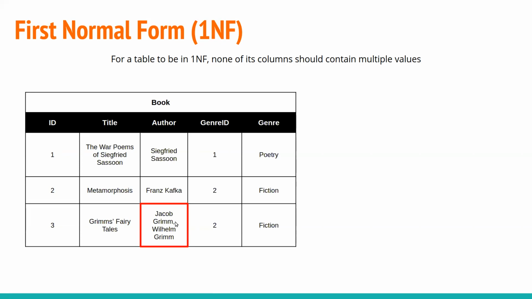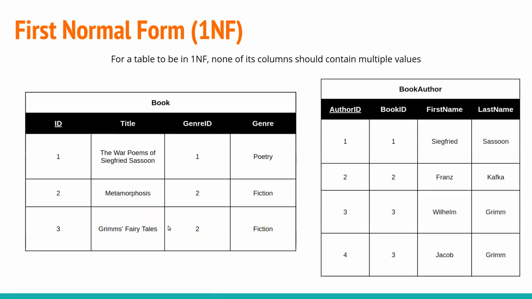But whenever there's a comma separating two separate things, like two separate authors or two separate genres, two products, two prices, two phone numbers, all of that kind of stuff, then that's multiple values and that's not first normal form. Cool. So that's the easy thing to look for. Just look for a comma.